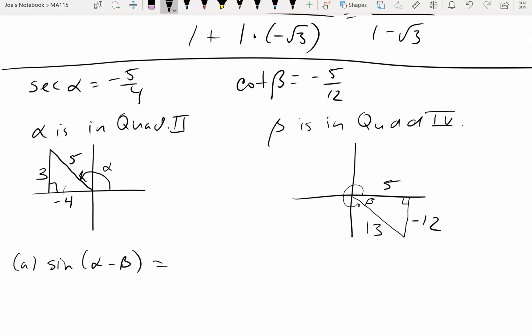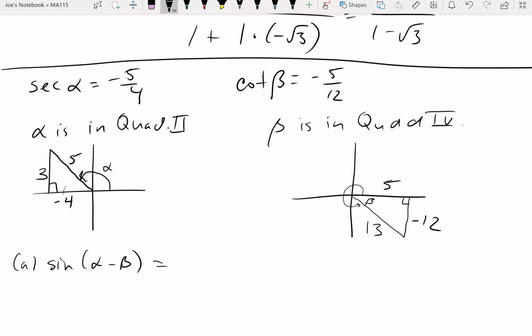We're going to do alpha minus beta. So I have to rewrite this first before I can do it, because I have to use both of these triangles to help me get this. We don't need to find the actual angles because we're given the trig functions, but I do need to rewrite this expression first using our identity.